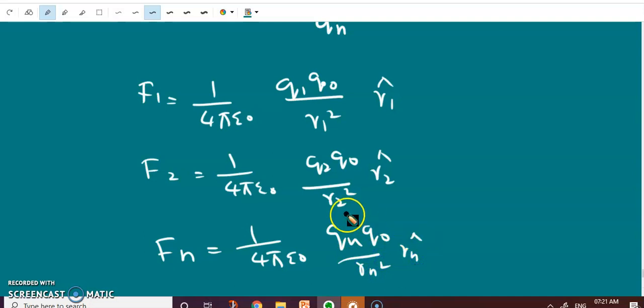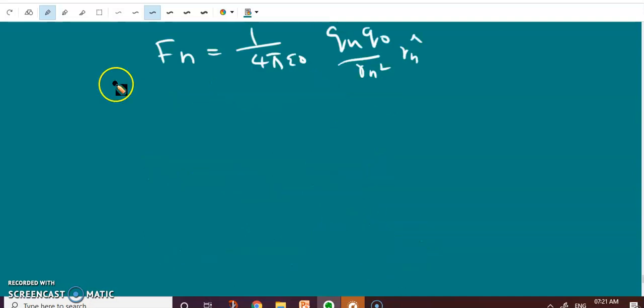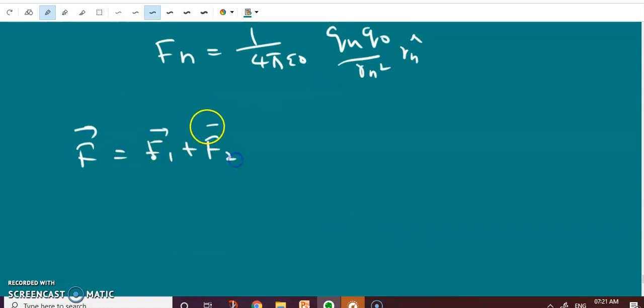So the net force acting on the system is the vector sum of the forces due to the individual charges. That is, capital F is equal to vector F1 plus vector F2 plus vector F3 plus etc. up to vector Fn.